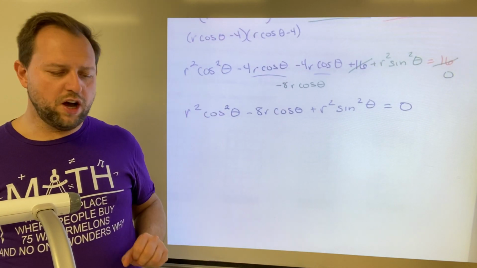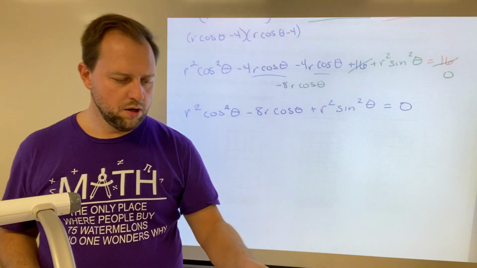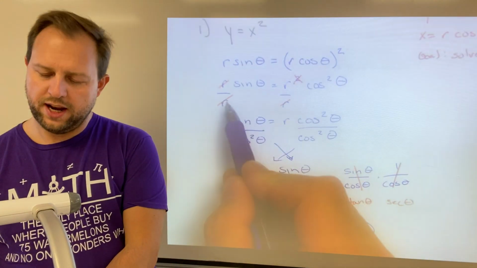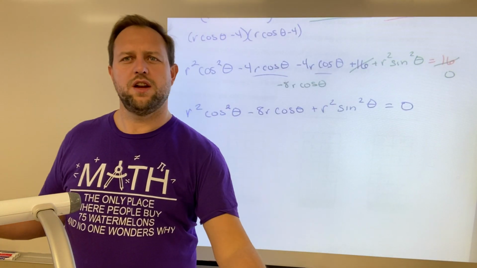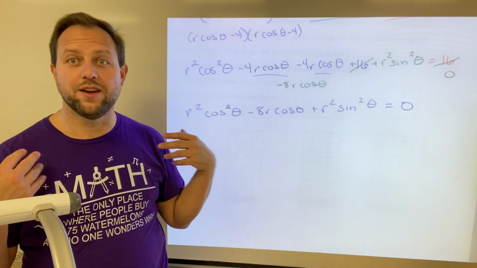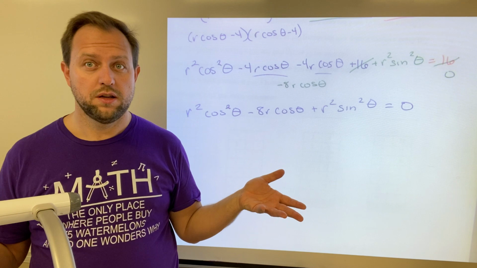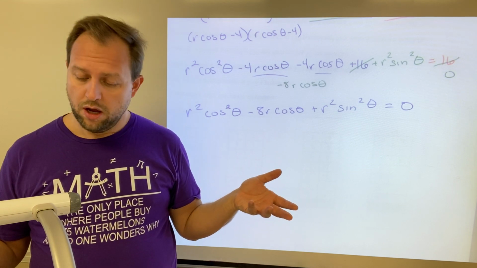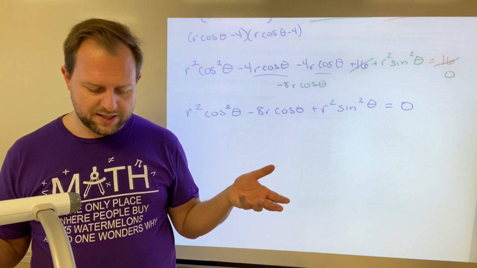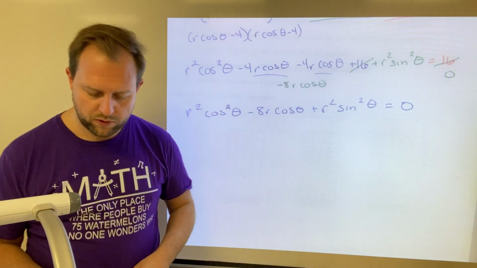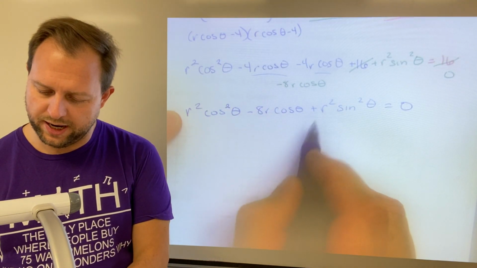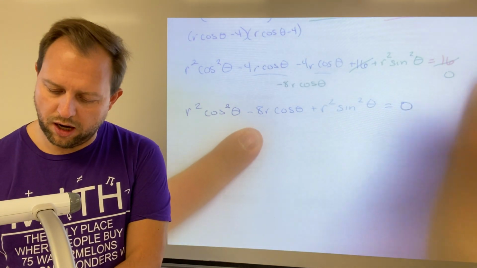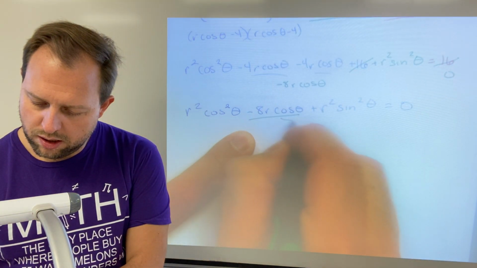Now, like we saw in the last problem, where at some point we're going to have an r on one side and an r squared on the other, and we're going to be able to divide through by an r to get rid of the r's, we're going to be able to do something similar here. But to do that, we have to get our r squared terms on one side and our single r term on the other.